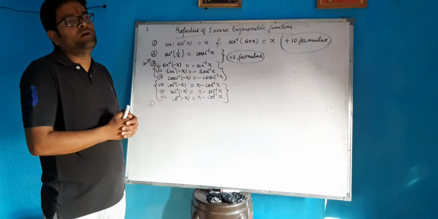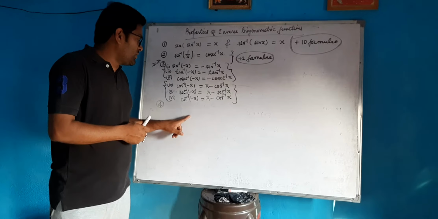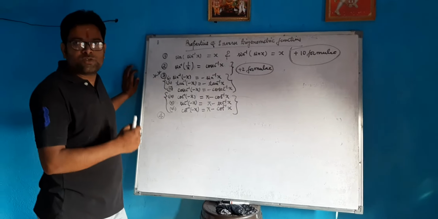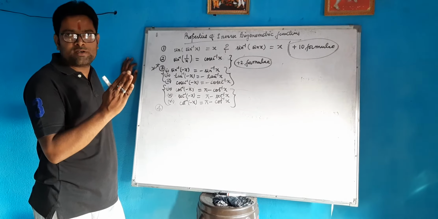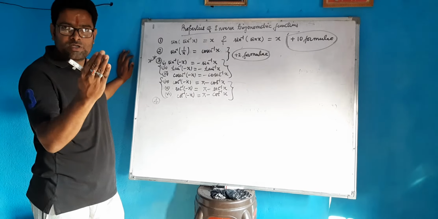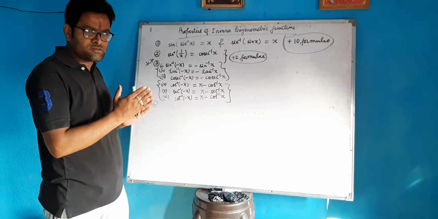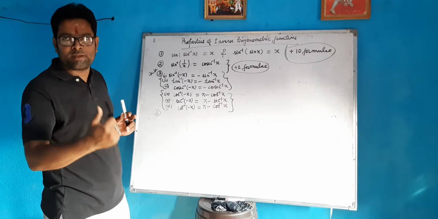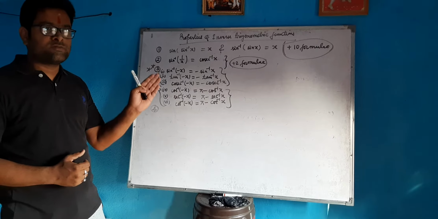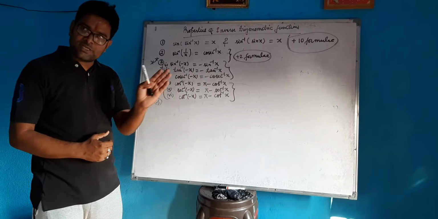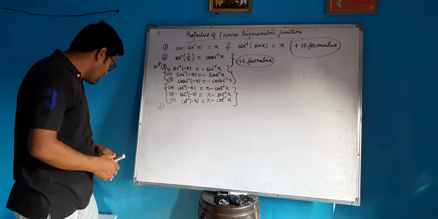So those functions which are complements to each other, the sum of their inverse functions should be equal to pi by 2. Means sine inverse x plus cos inverse x is equal to pi by 2. Tan inverse x plus cot inverse x is pi by 2. Sec inverse x and cosec inverse x, their sum is also pi by 2.